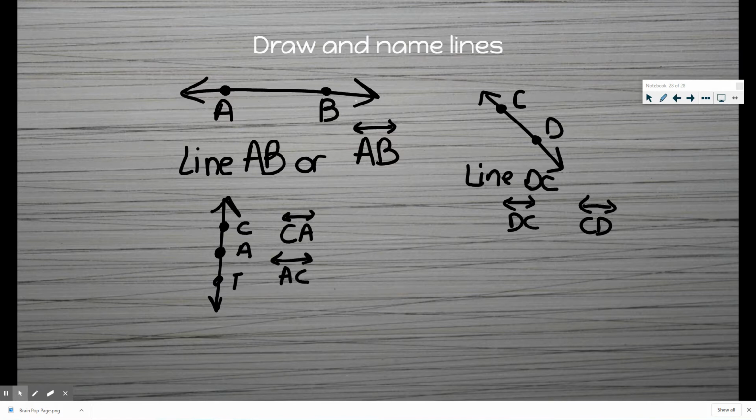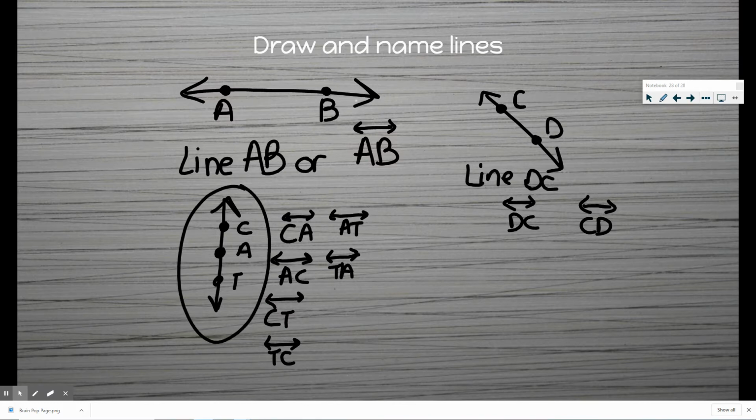I could call it line CT. I could call it line TC. I could also call it line AT or line TA. All of those are possible names for this line. Again, I can use any of those points on there.